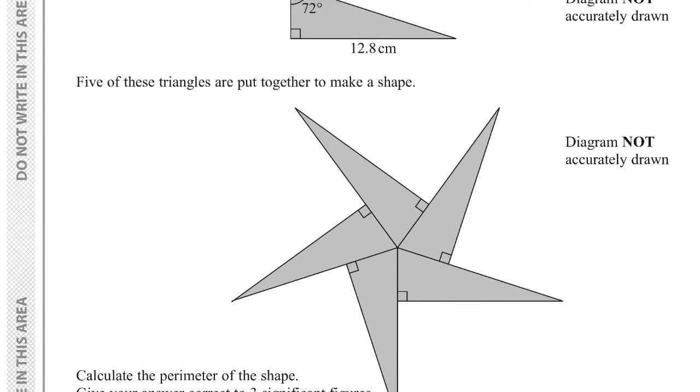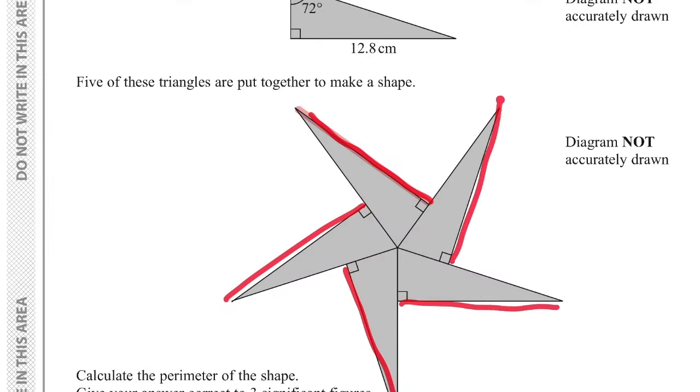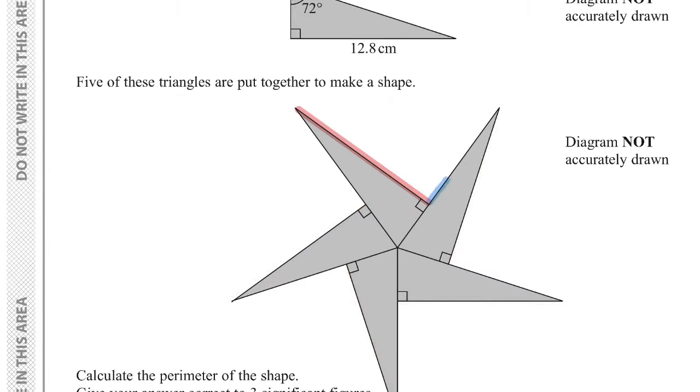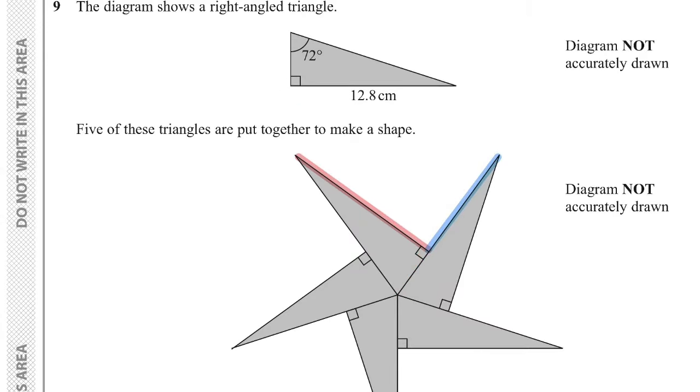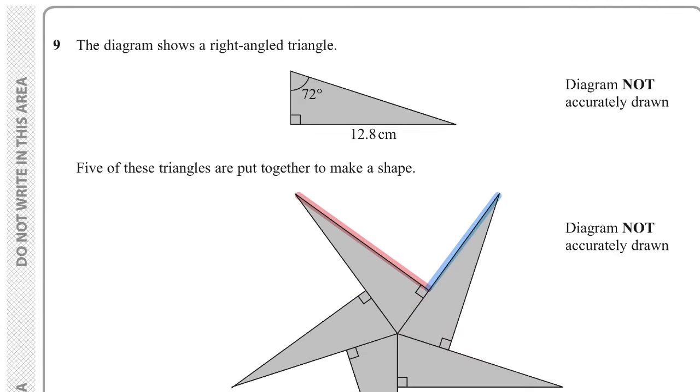Now, to calculate the perimeter, we just need to realize that we've got this part here appearing 1, 2, 3, 4, 5 times, and then we've got this part here, which is just the hypotenuse, take away the shortest of the 3 sides. So I think it makes perfect sense to start by finding the lengths on the given triangle here.